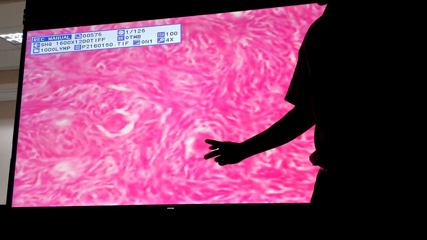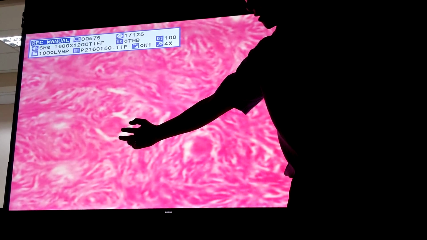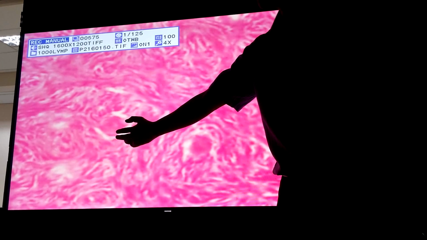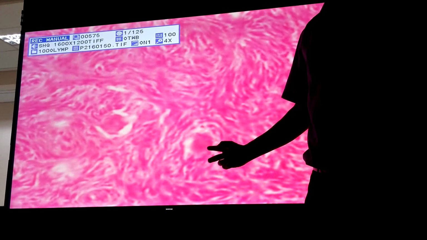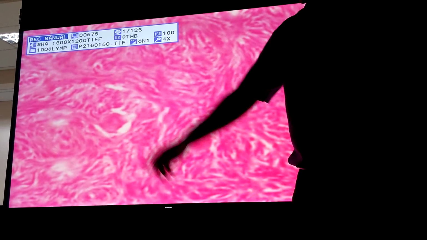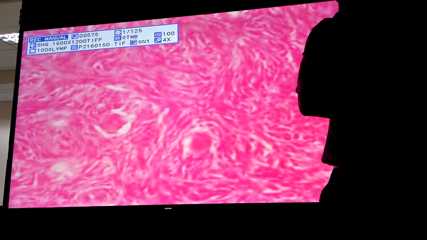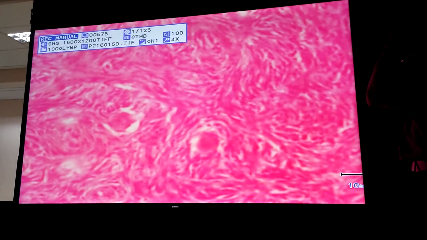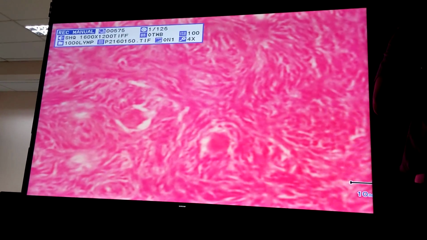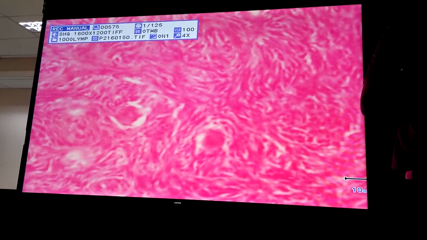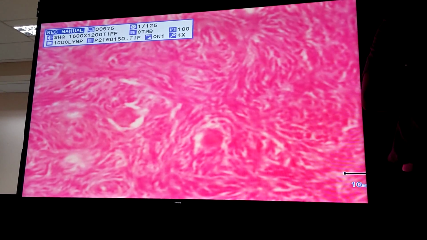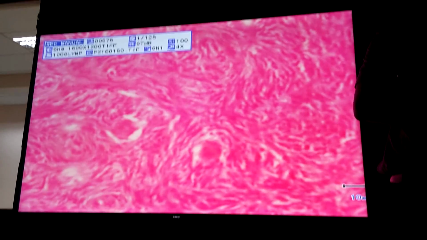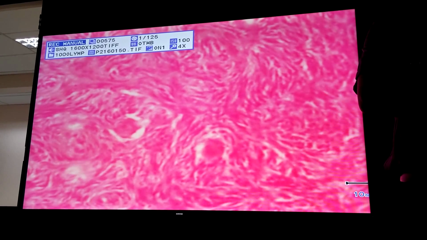Notice that these two oocytes are encircled by squamous cells or flat cells. And because these two oocytes or egg cells are enclosed by simple squamous epithelium, they should be called first stage. Okay, the primordial follicle. And then following the primordial follicle is the primary follicle.